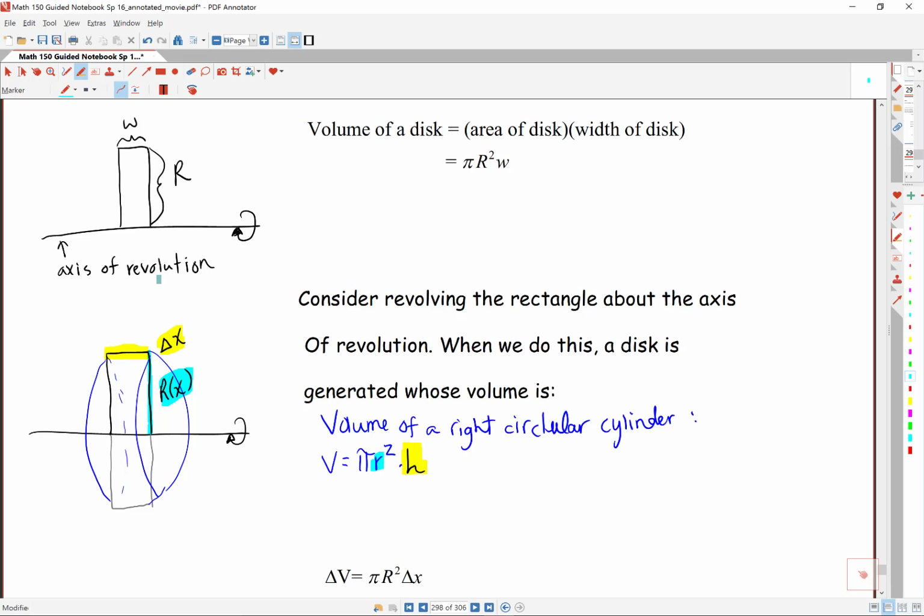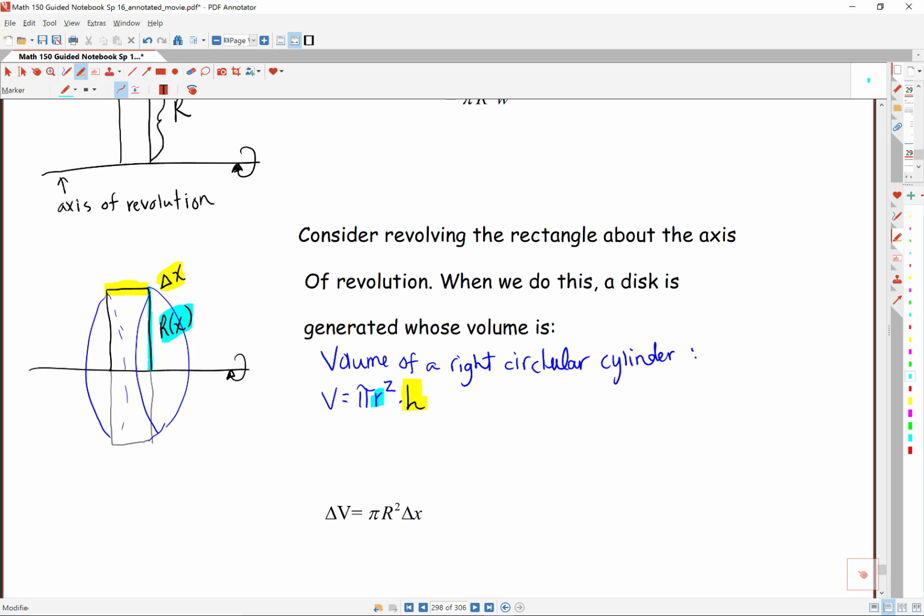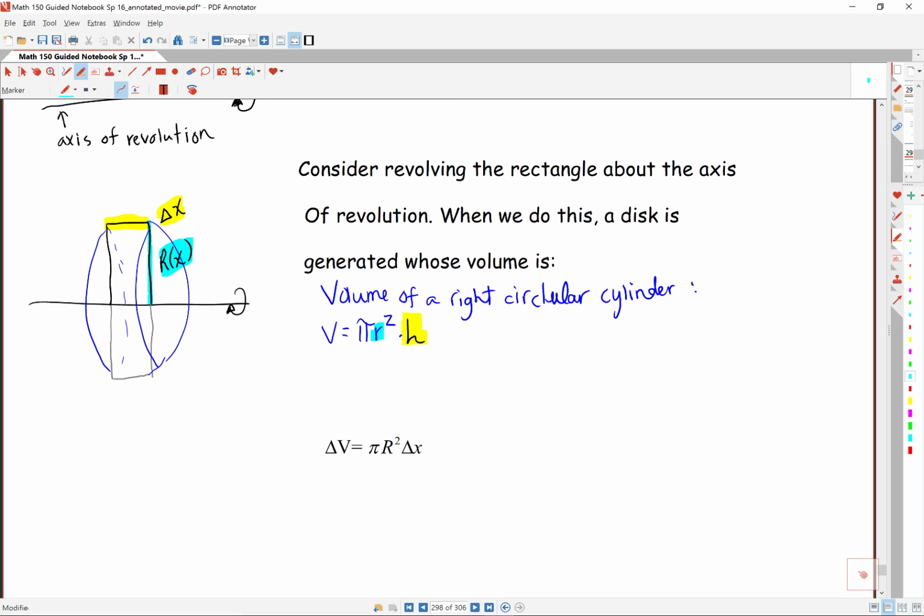overall volume. So in terms of calculus, you end up getting your delta V is equal to pi r squared delta x, right?